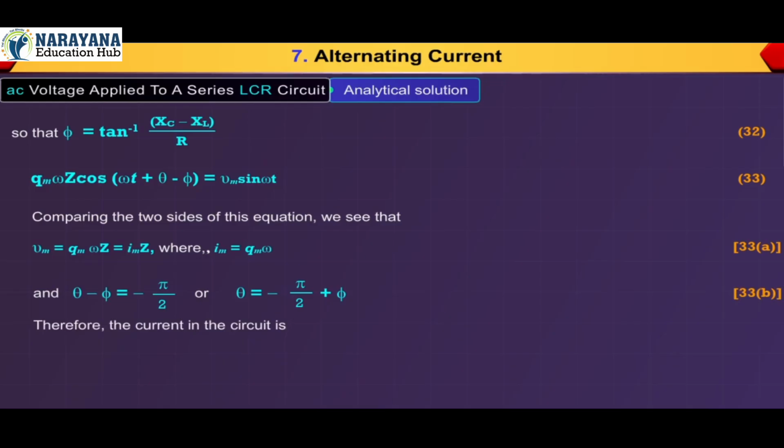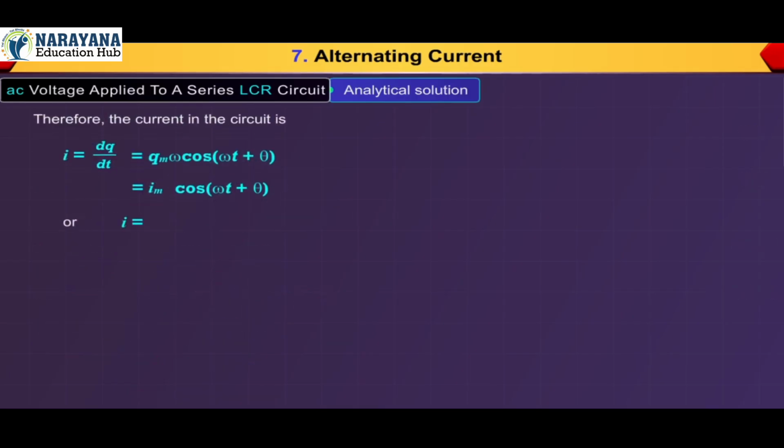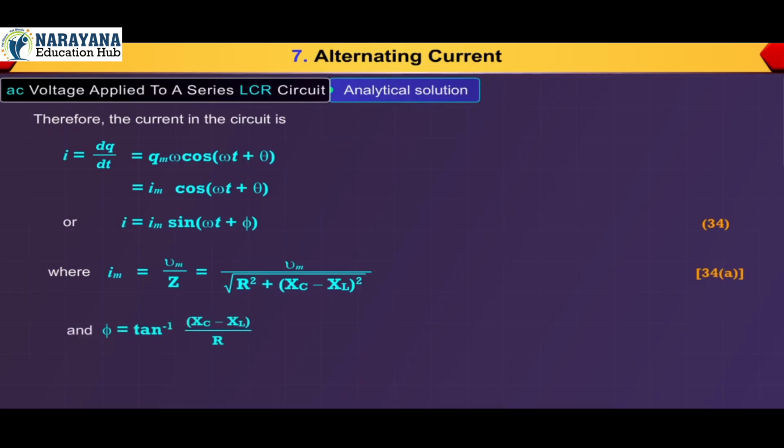Therefore, the current in the circuit is I = dq/dt = Qm ω cos(ωt + θ) = Im cos(ωt + θ), or I = Im sin(ωt + φ), equation 34, where Im = Vm/Z = Vm/√(R² + (Xc − XL)²), equation 34a, and φ = tan⁻¹((Xc − XL)/R).